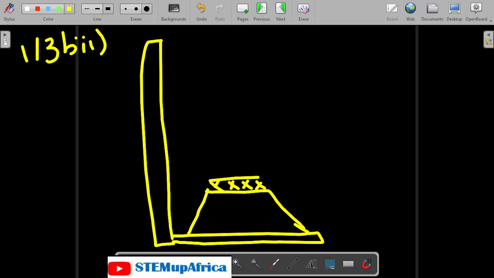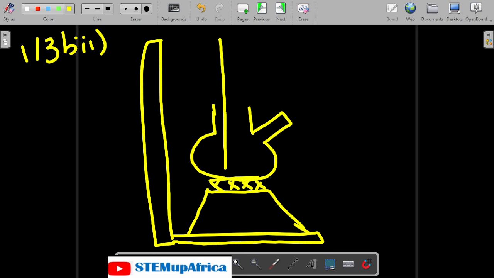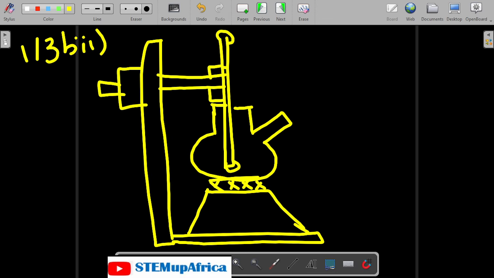Here we have a copper boiler. Inside we have our thermometer, something like this, held by the retort stand.